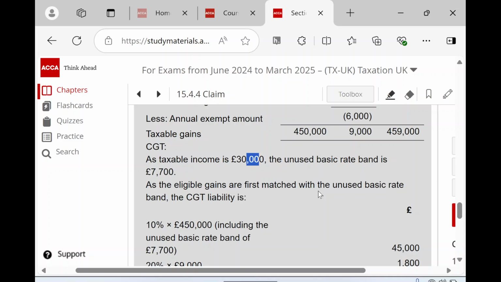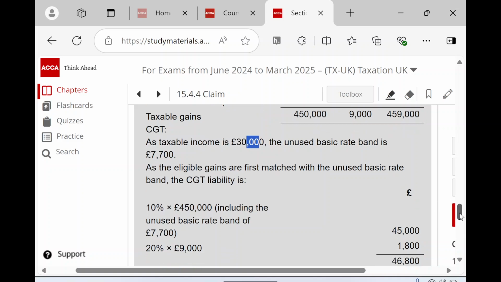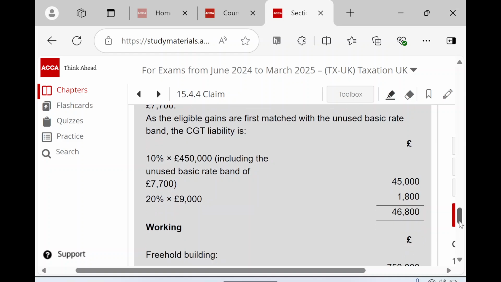Now, I went through that fairly quickly. If you're finding that confusing, I understand. But in essence, let's get back over the text and just look at the little nuances in relation to BADR. It uses up the basic rate band, which basically makes rates applicable to other gains higher. So here we see it in play.